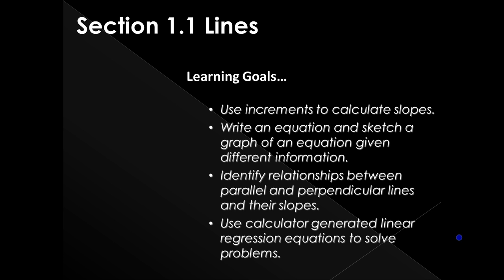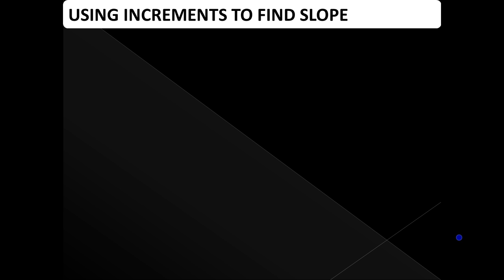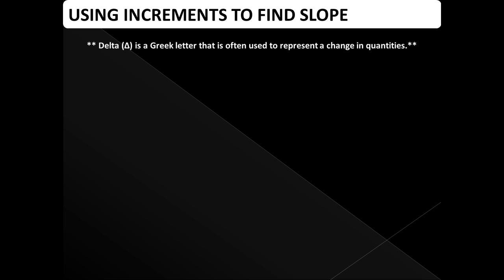Okay, let's get started. Increments define slope. Delta, as I'm sure you know, is a Greek letter. It looks like that little triangle symbol, and it's used to represent a change in quantities. So if we talk about delta x, that means the change in the x values, or x2 minus x1. And very similarly, delta y, of course, is the change in the y values, y2 minus y1.